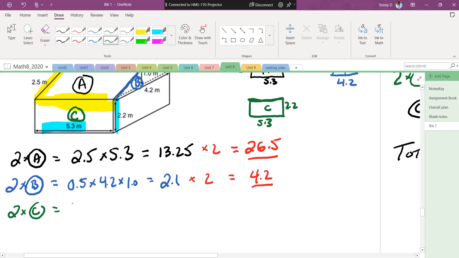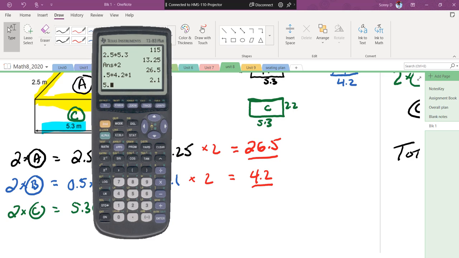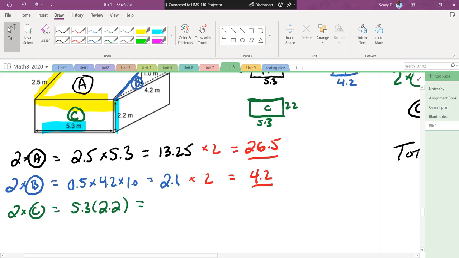So length is 5.3 times the width of 2.2. What does that equal? 5.3 times 2.2 is 11.66. And we said there were going to be two of these. 23.32. All right.